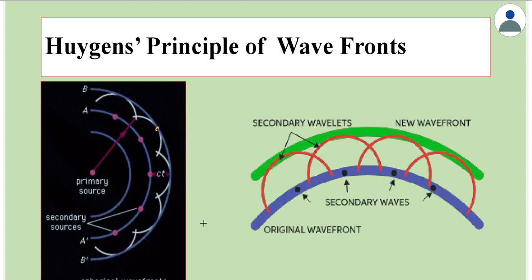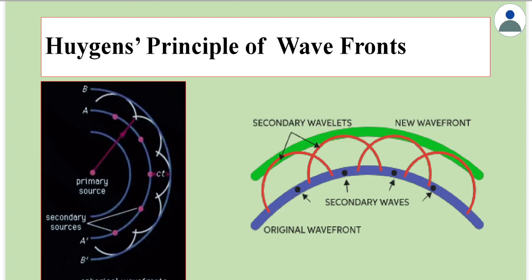Since it is part of a sphere, the normal would be its radius vector. This normal drawn from the center to that point would indicate the direction of motion of energy at that point. Similarly, we can do the same for any other point.